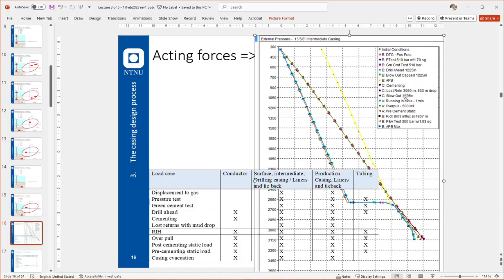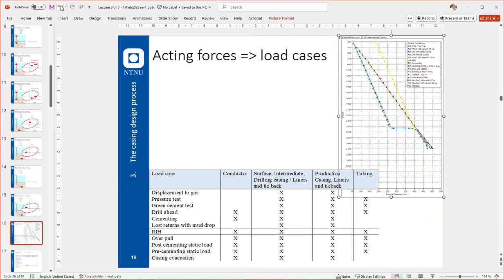Many different load cases are listed here, including taking a kick, annular pressure build up. That is a production load where we start to produce the well, and typically the annulus fluid heats up and creates thermal expansion and pressures.